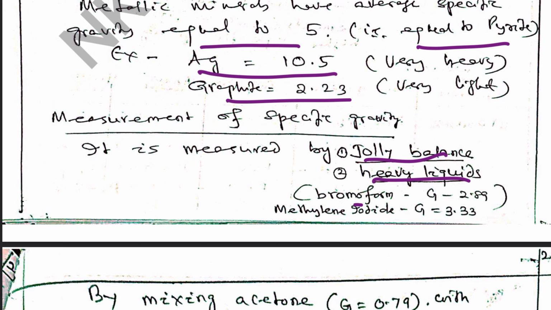Heavy liquid may be bromoform or methyl iodide. The mineral whose specific gravity is to be determined is studied by pouring the mineral powder into these heavy liquids.